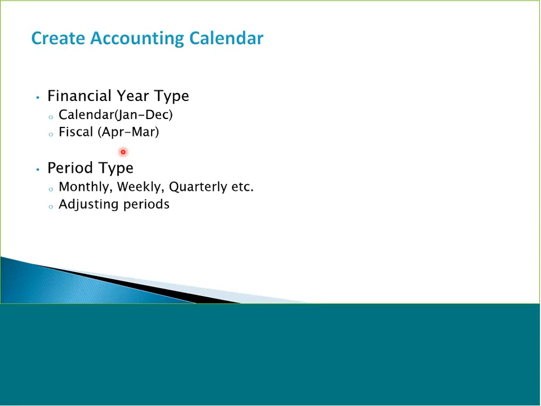And then in order to create an accounting calendar, we need to select a period type. Companies do their reporting and the activities governed by periods. One company might do the activities on a monthly basis. Another company might do the activities and report on a weekly basis.